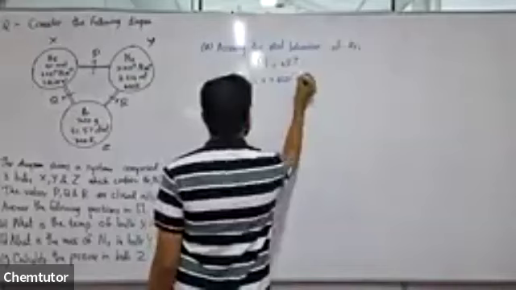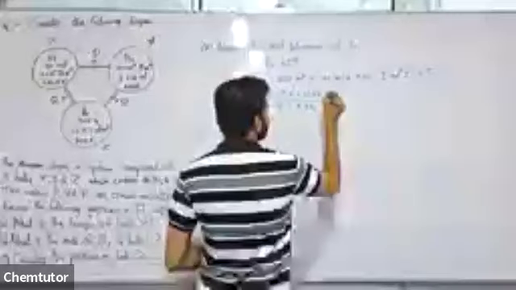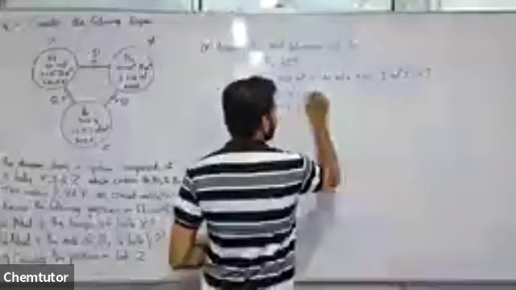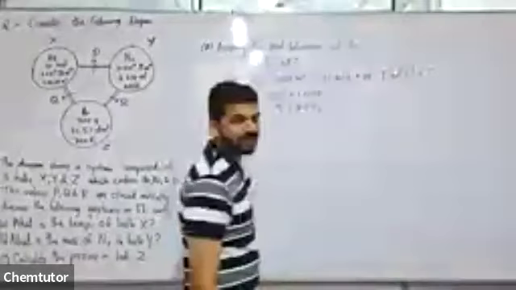Can't you see a relationship? 1.6628 times 5 is 8.314.